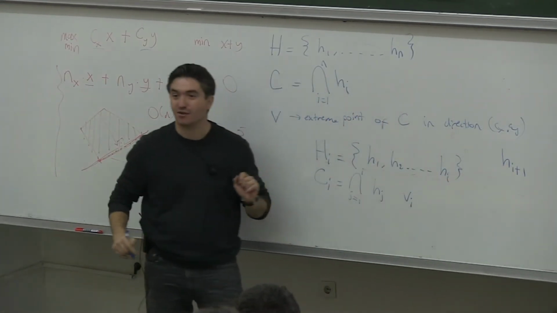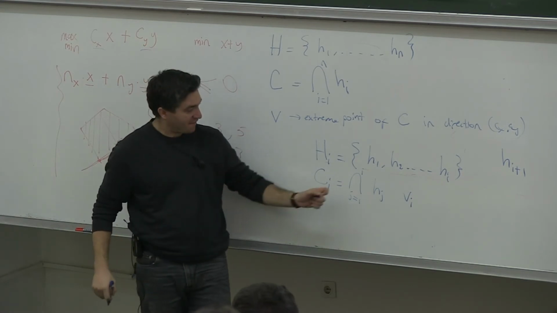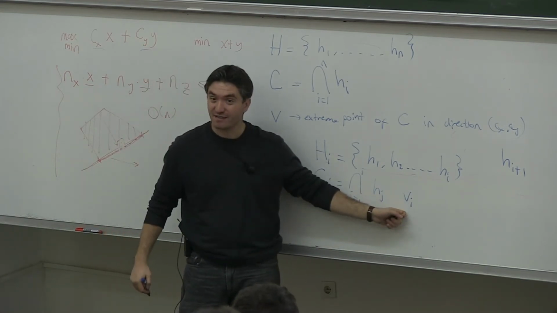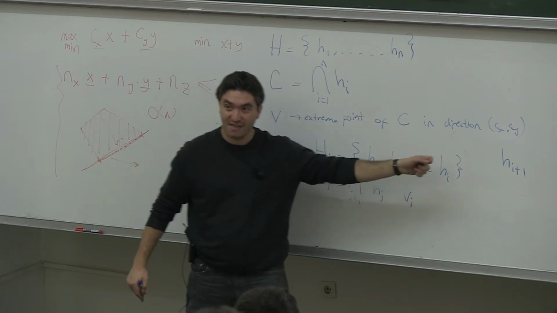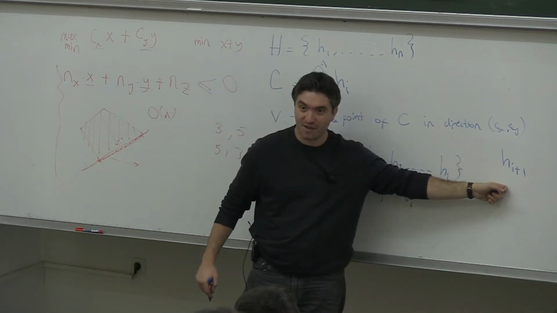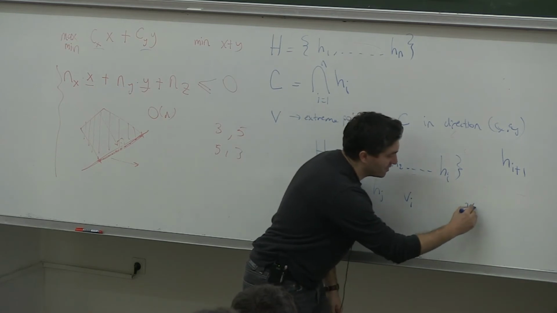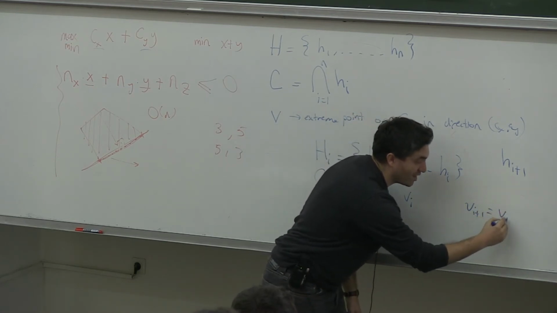If this Vi is in the feasible set of hi plus 1, if it's included in hi plus 1, then Vi plus 1 is also equal to Vi.